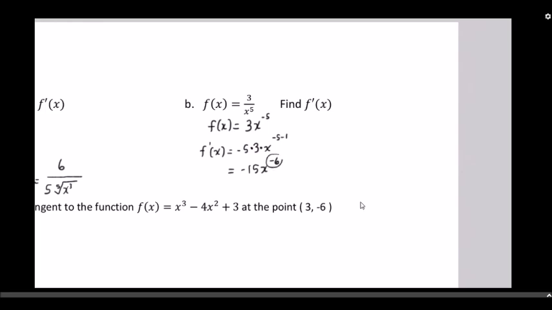And with this negative exponent, we can turn it into a positive exponent by moving that term, x to the negative 6, underneath the coefficient, so down to the denominator. That's going to be negative 15 over x to the 6th power.